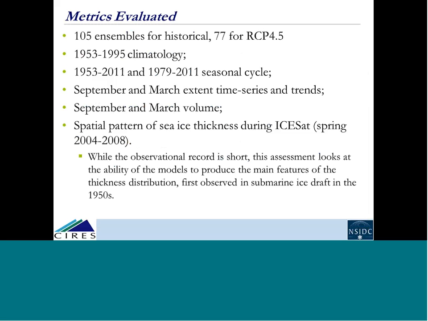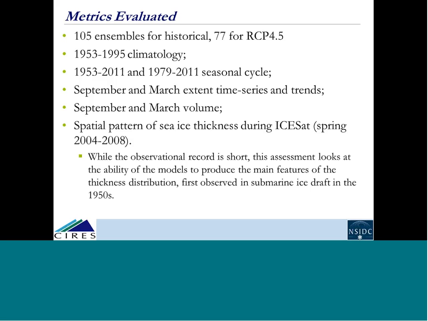And we use a number of metrics. First of all, we look at how the models represent the 1953 to 1995 climatology in sea ice extent. We also look at how the models represent the seasonal cycle, and then look at how the September and March ice extent evolve through time and the trends. We also look at volume and thickness, and these aren't variables that are well measured in the Arctic.